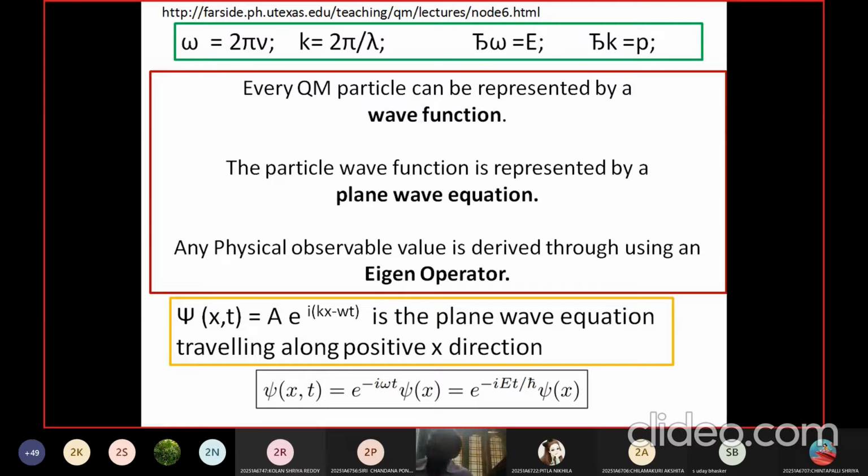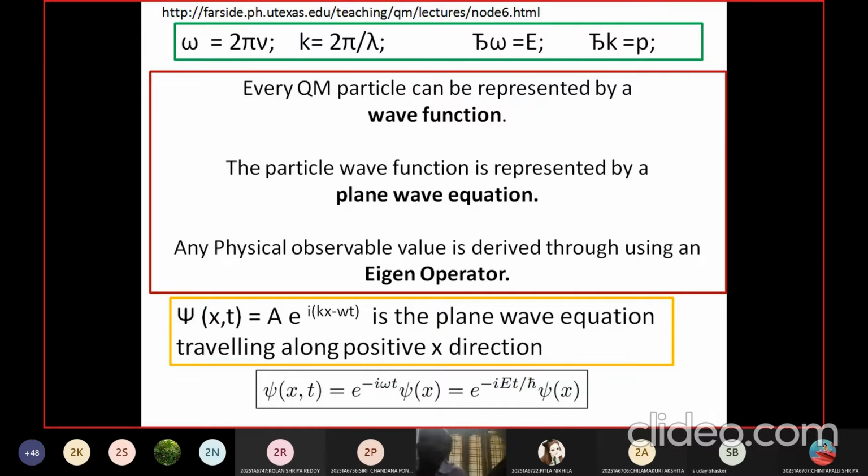If it is changing the plane wave equation, that implies you are changing the nature of the matter. That means you're not finding its state as it is, but you're disturbing it. You don't want to disturb. That means the plane wave equation should not change even after the operation. If the plane wave equation is not changing even after the operation, that implies the operator must have been an eigen operator.